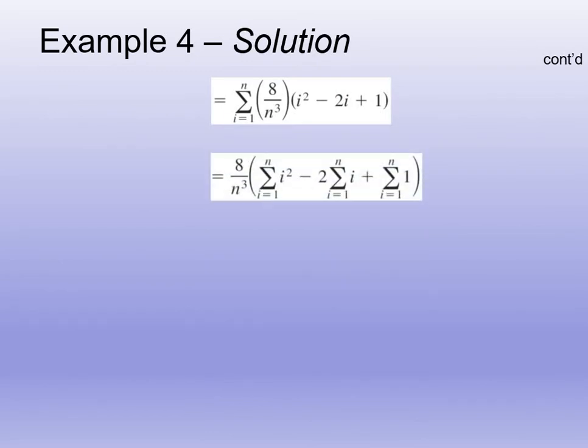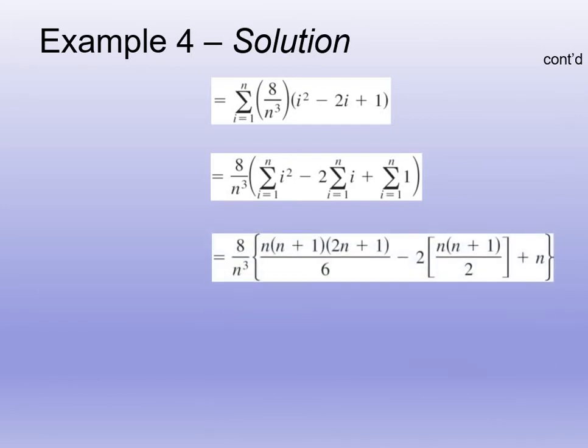So when we do that, we're going to have 3 different summations. The sum from i equals 1 to n of i squared, minus 2 times the sum from i equals 1 to n of i, plus the sum from i equals 1 to n of 1. And then we go back to theorem 4.2 and we replace the i squared, the i, and the 1 with its n equivalents. So that's where those came from.